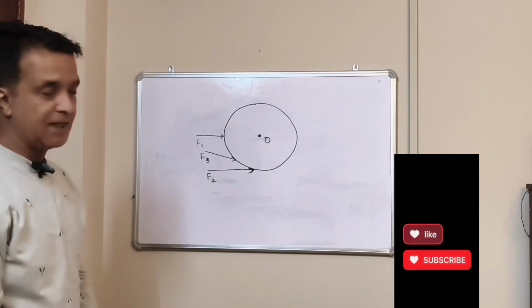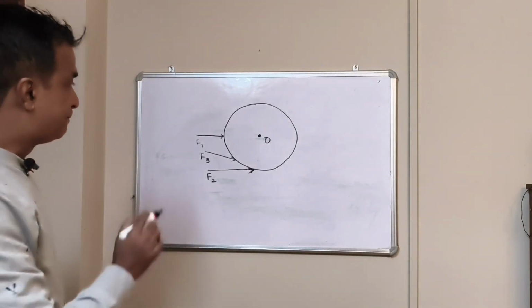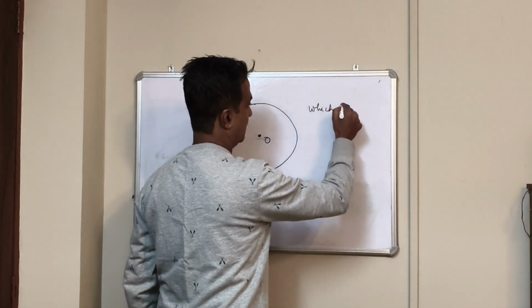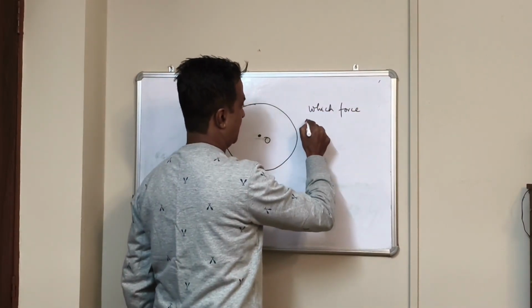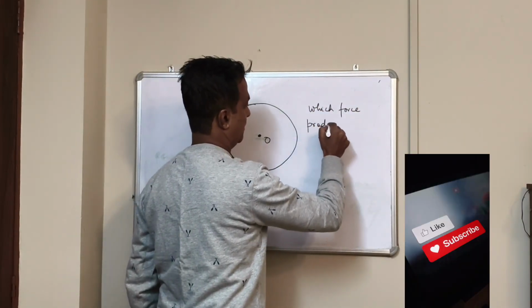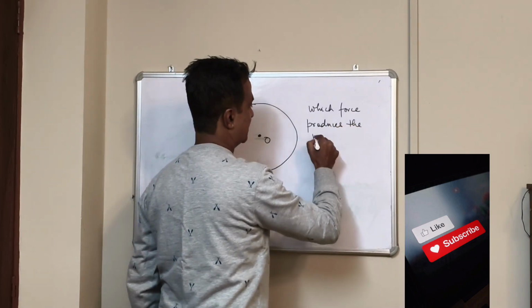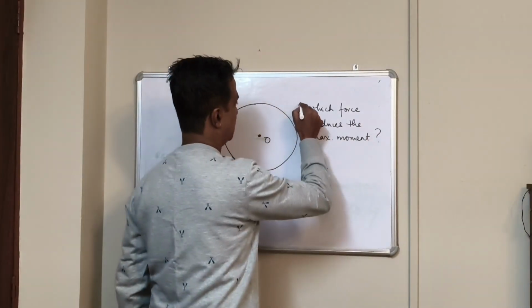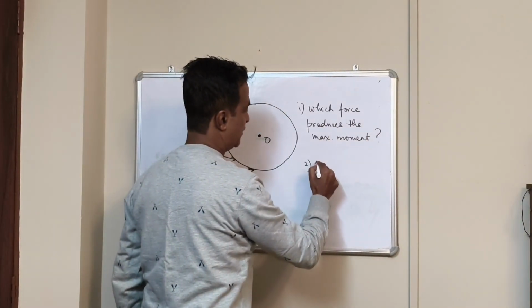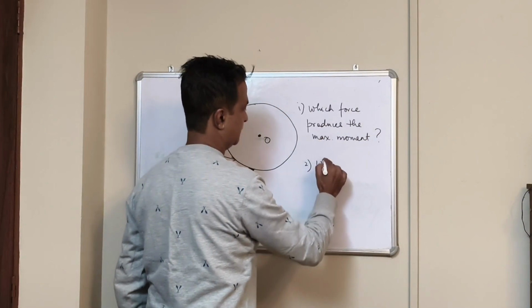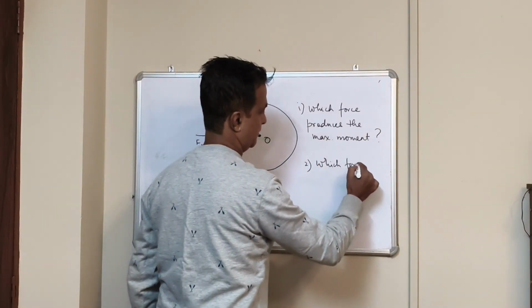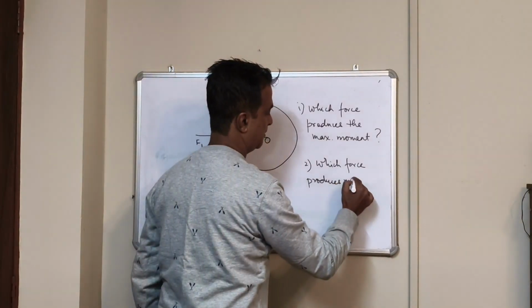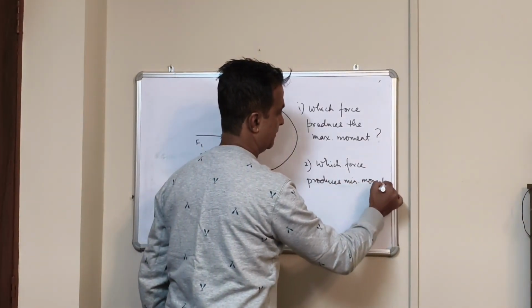So there are three forces being applied on this body. Please write in the comment section which force produces the maximum moment. So this is one. And which force produces the minimum moment.